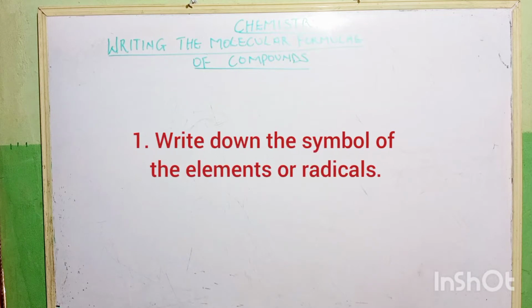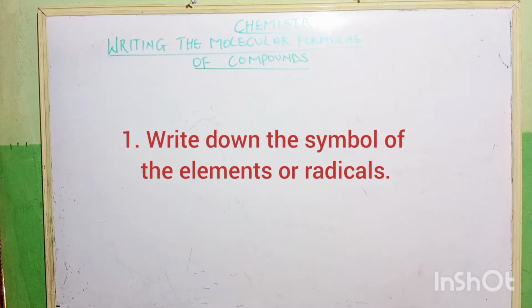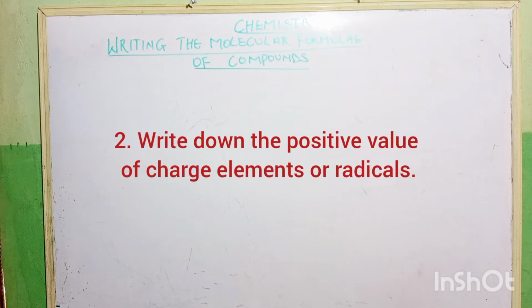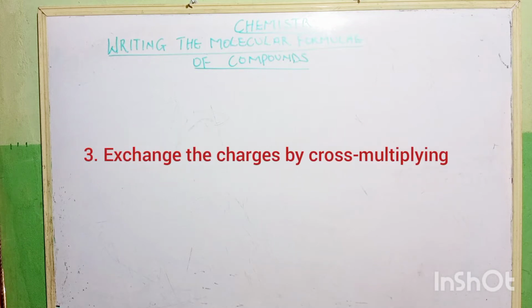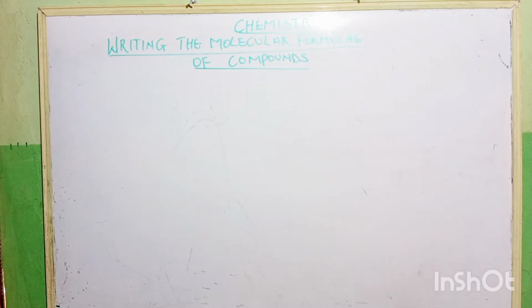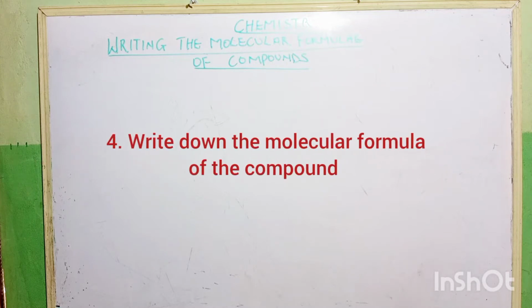Number 1, write down the symbol of the elements or radicals. Number 2, write down the positive value of charged elements or radicals. Number 3, exchange the charges by cross-multiplying. Number 4, write down the molecular formula of the compound.